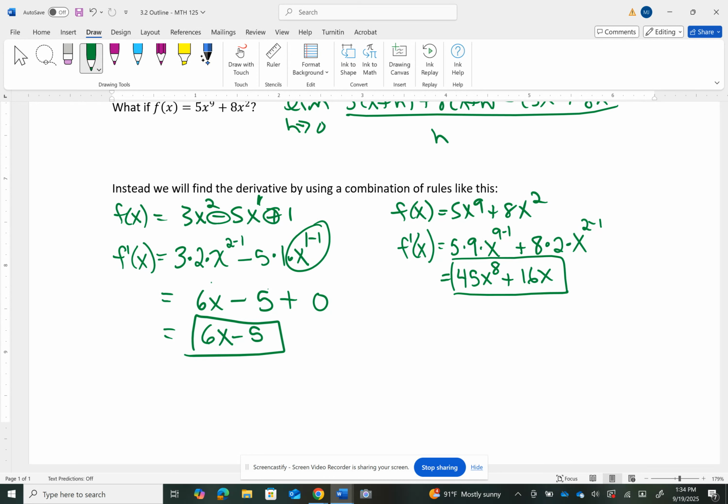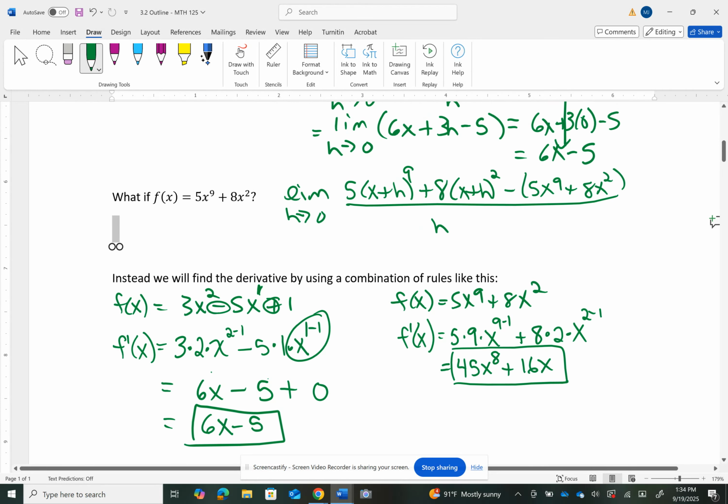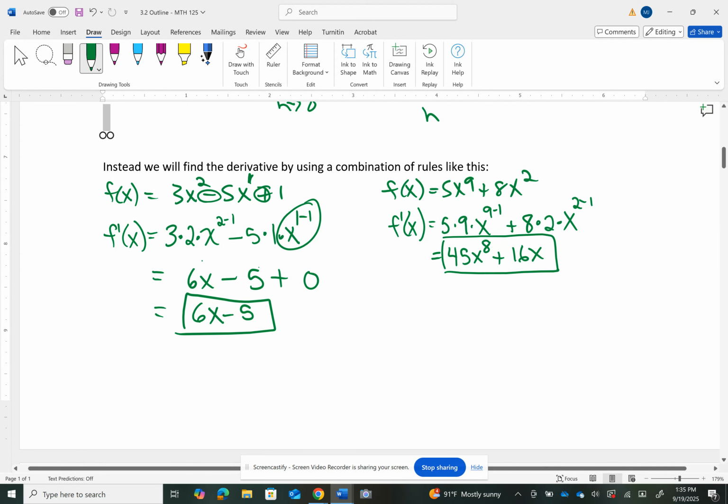All right, but I want you to keep in mind one thing we learned. The difference quotient is really the slope formula in function notation, and we talked about how derivatives are really slope. So keep that in mind as you're doing this, that what we're actually obtaining at the end is a formula that will enable us to figure out what the slope is at a single point anywhere on the original function.